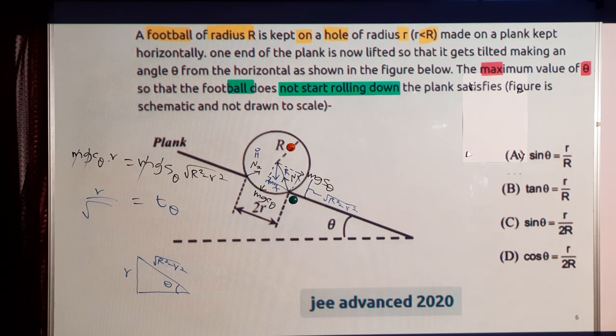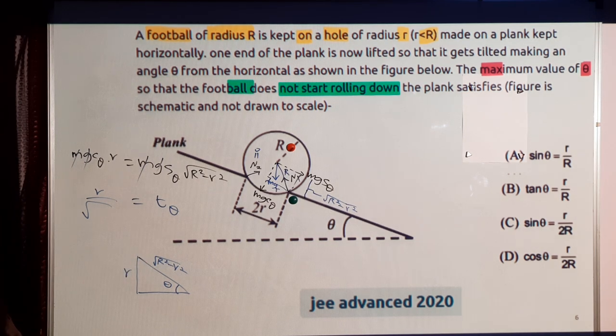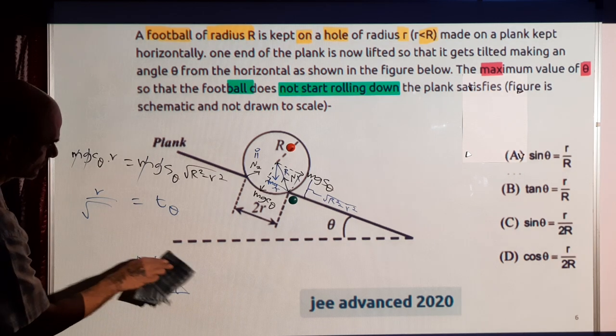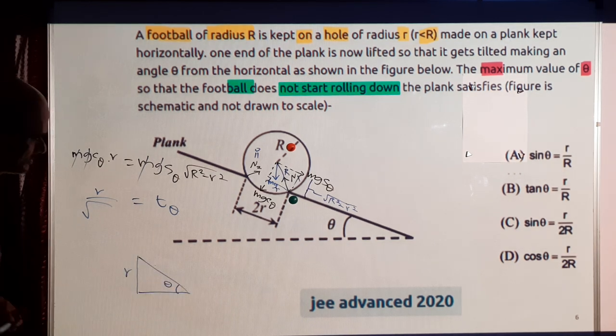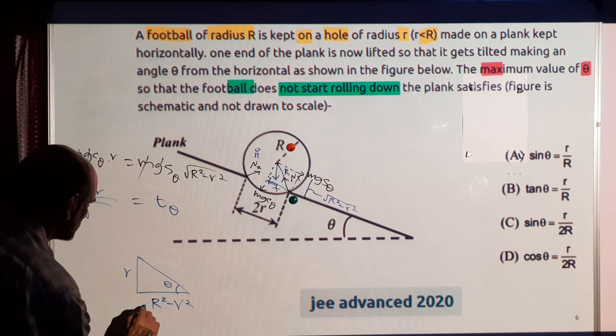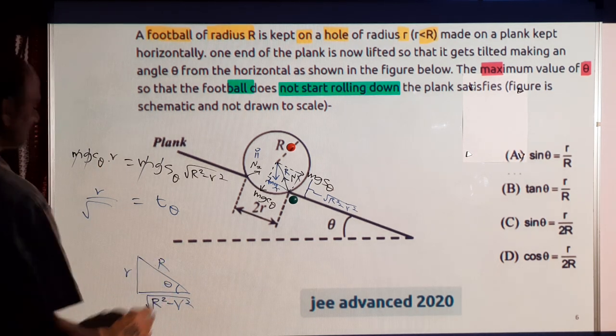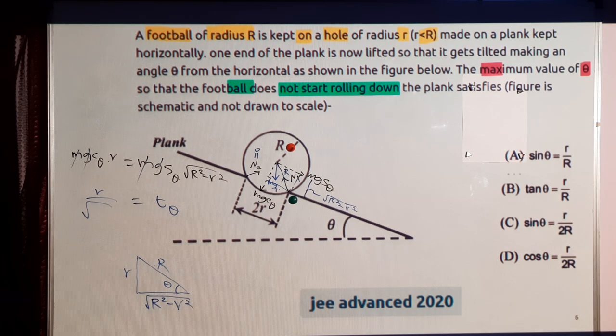So the adjacent side is square root of R square minus r square, and the sum of the squares of these sides comes out to be capital R squared.